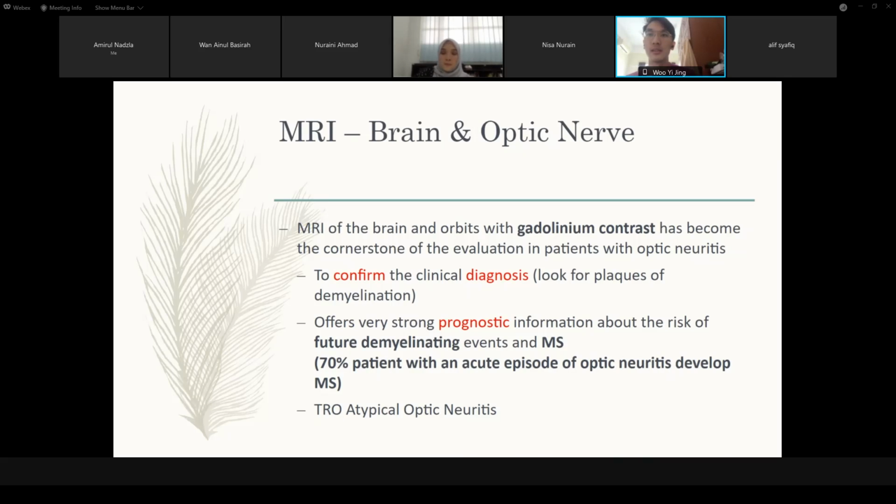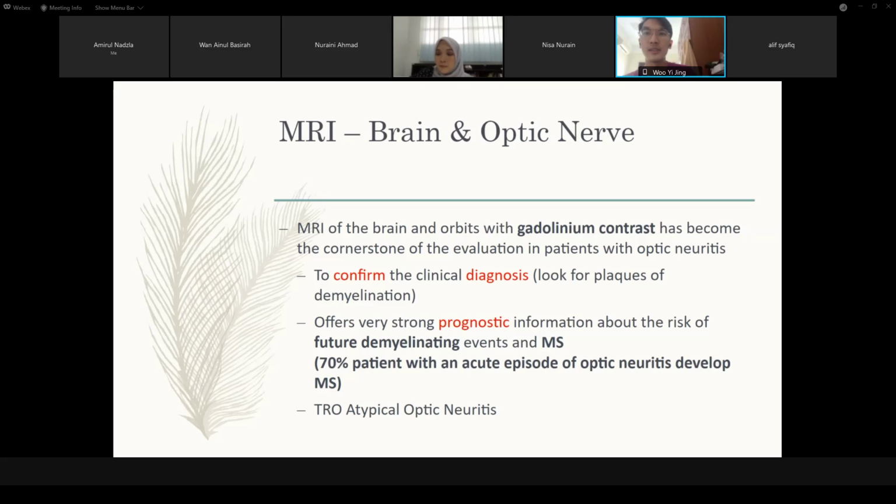So basically, this is the most effective kind of investigation. It is to confirm the clinical diagnosis. There will be plaques of demyelination in optic neuritis. It will offer very strong prognostic information about the risk of future demyelinating events and multiple sclerosis.